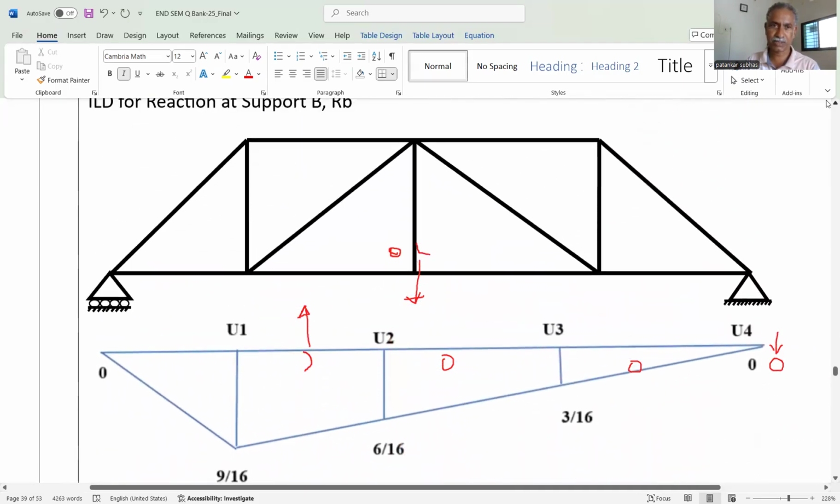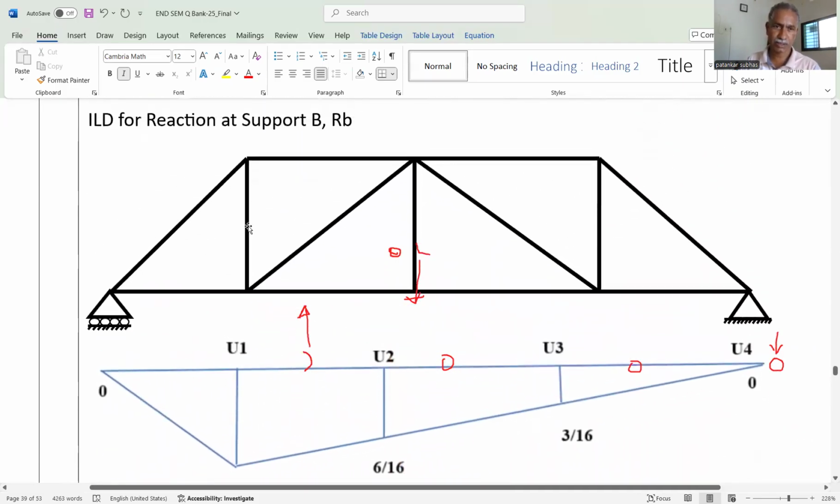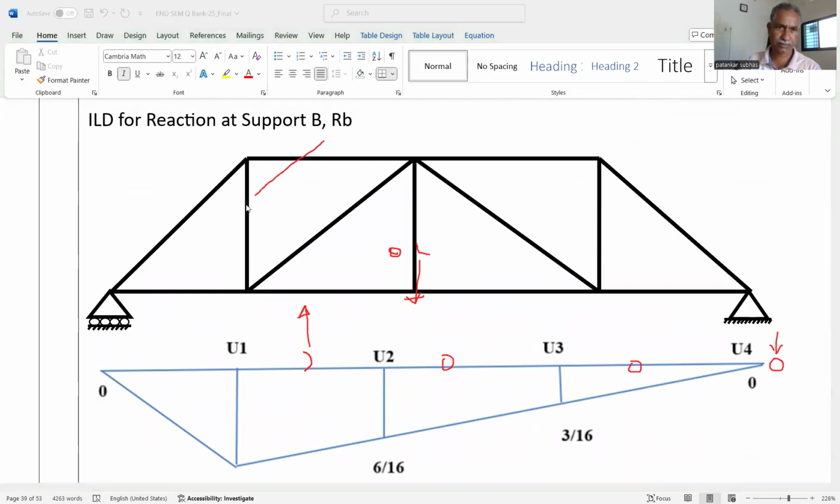For example, here, if I want the force in this member, say U1 and L1, in that case, what happens? We can just take the section like this, cut the member, this vertical member, horizontal member, and this member.